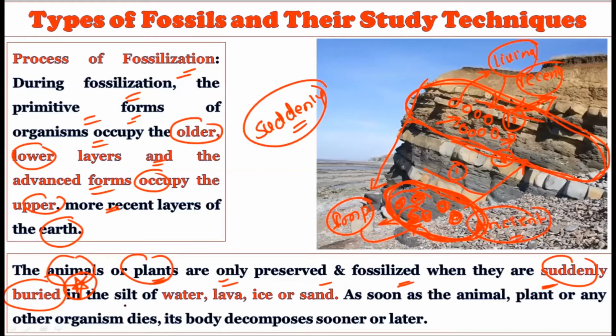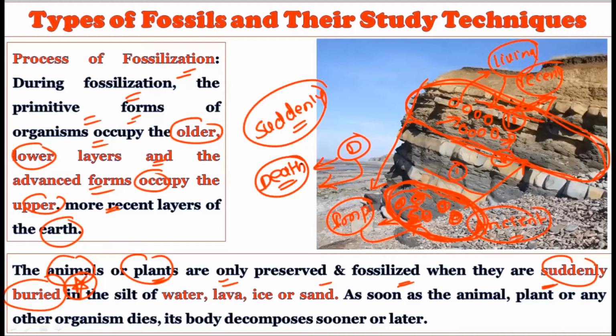Because, as you know, whenever there is a death of a plant or animal, you know what happens after the death. There is a process of decomposition. After the decomposition, the whole body cannot get preserved. To get preserved, the animal or plant life should suddenly get buried inside the mother earth. Once they get suddenly buried in the mother earth, the process of decomposition will not have time to decompose this particular body of the plant or animal.